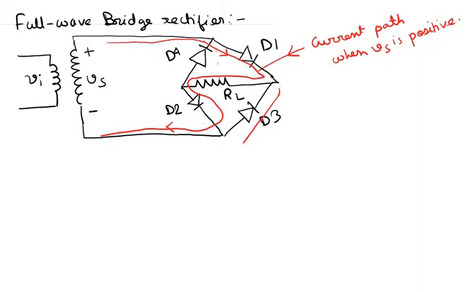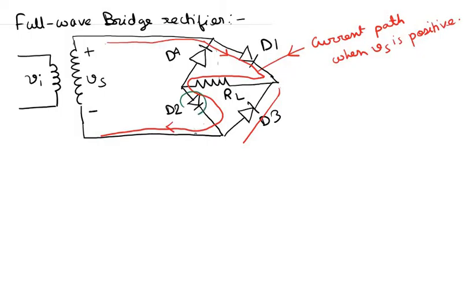Now when Vs is negative, this point over here is actually the negative voltage, and this point actually has the positive voltage. So when Vs is negative, the voltage polarity basically reverses itself. So during that time, this diode D3 is actually forward biased, but this diode D2 is actually reverse biased.